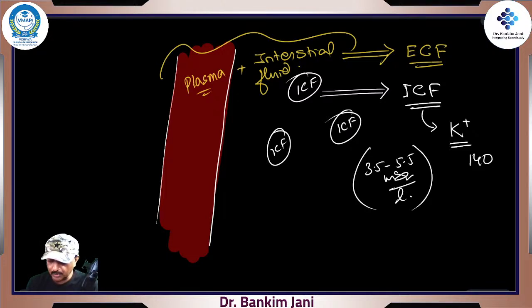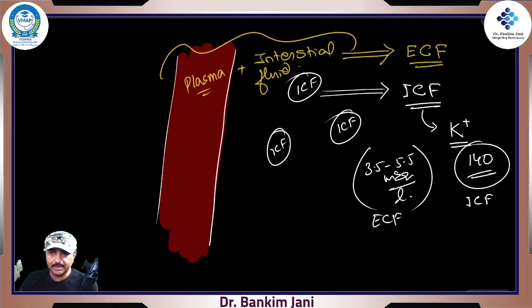That means there is tons of potassium inside the cells. So if anything goes wrong to these cells, they will release the potassium like anything, because any injury to them will release it, and that can lead to multiple complications.